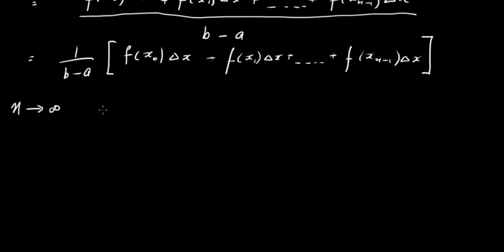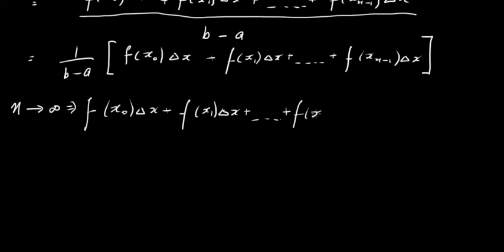Well, this part in here, so in other words, I'll just put implies here, f of x0 times delta x plus f of x1 times delta x, and so on, f of x n minus 1 times delta x.